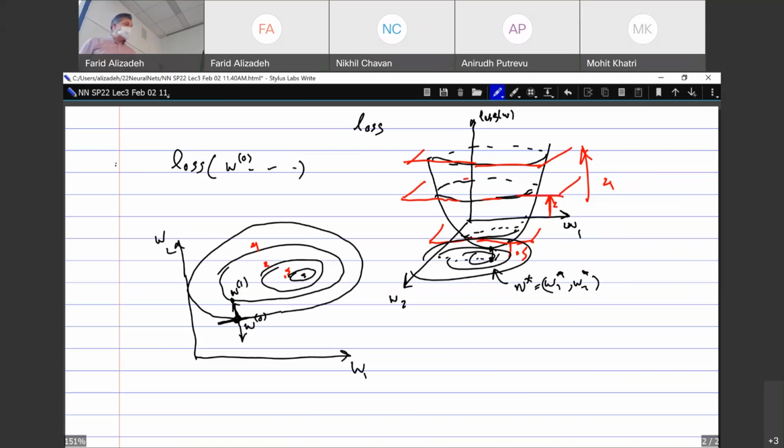Since in this example I have two W's, I have two derivatives, one with respect to W1 direction, one with respect to W2 direction. If I had 700,000 W's, then I would have had 700,000 derivatives, right? So for each variable, for each parameter, I have a derivative. This is called the gradient with respect to the variable W, evaluated at where you are.